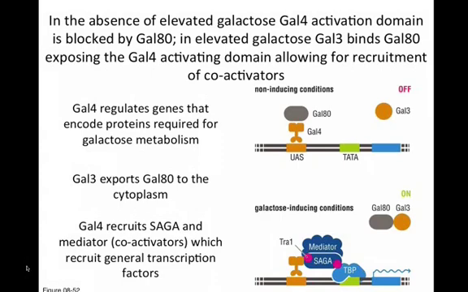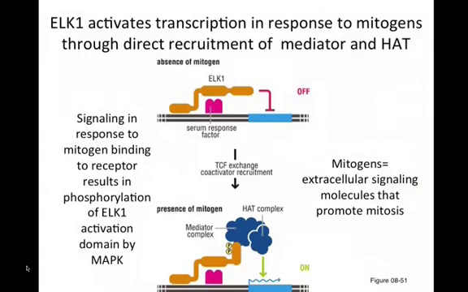So this one would be an example of unmasking, because it's present in the nucleus, it's there, but the activation domain is covered up. Previously that would be phosphorylation. So you get phosphorylation of the activation domain, which allows recruitment of the other proteins, co-activators, mediator.